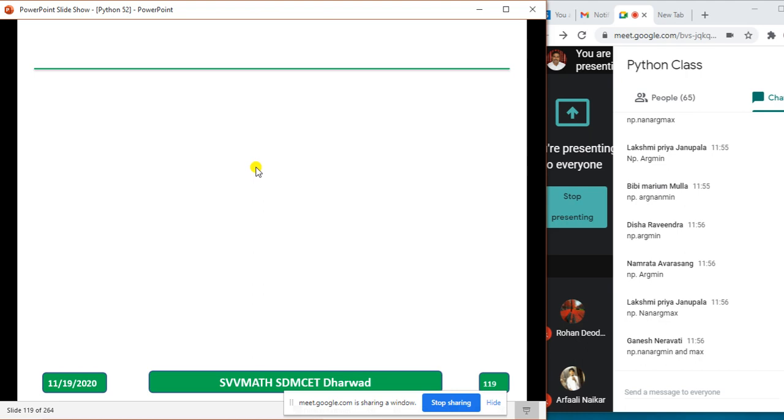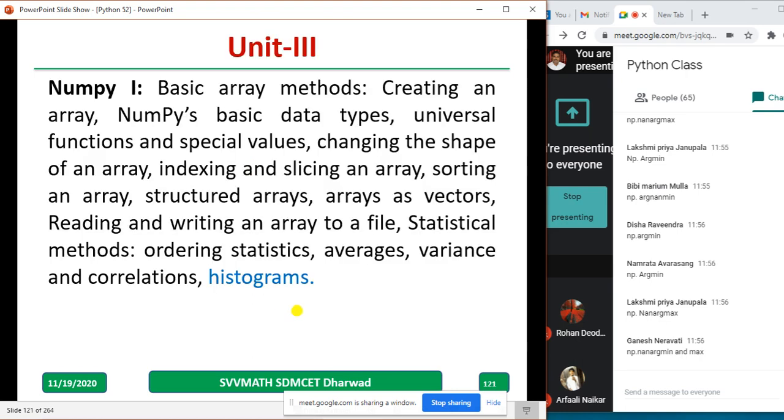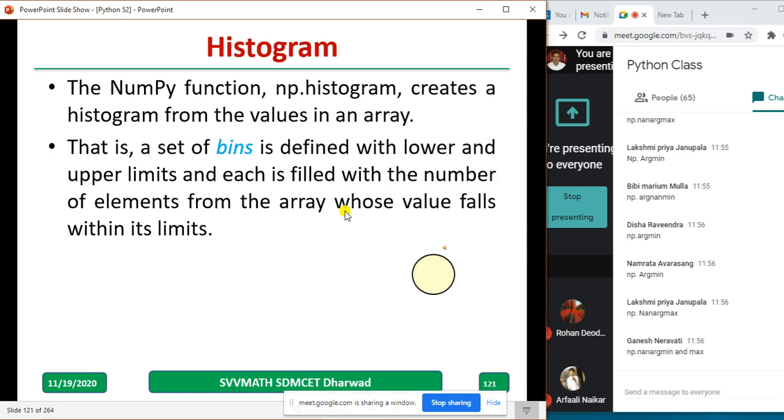So let me go to the next subheading, the last part of this, histograms. And histogram we have discussed once already. The numpy function np.histogram creates a histogram from the values in the array. A set of bins is defined with lower and upper limits, and each is filled with the number of elements from the array whose values fall within its limits.